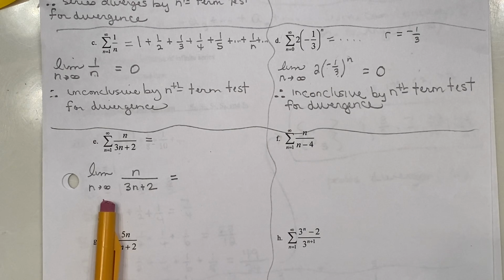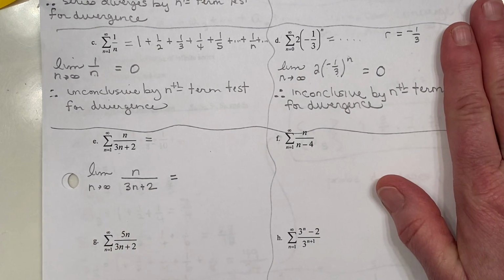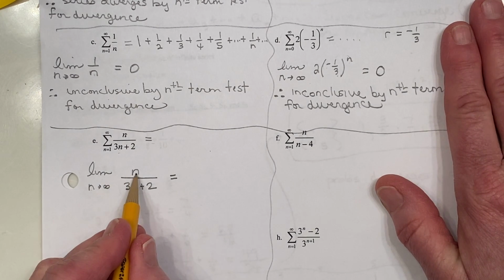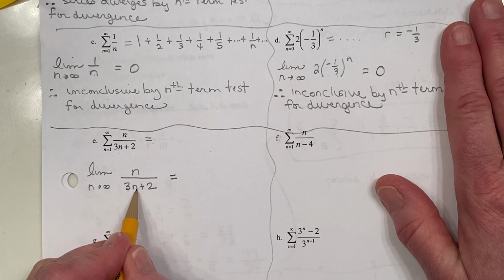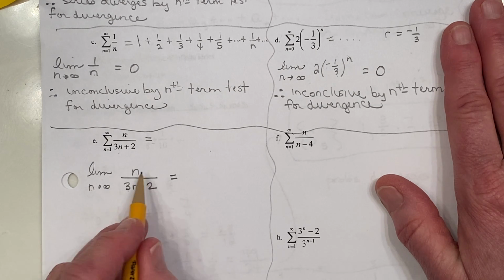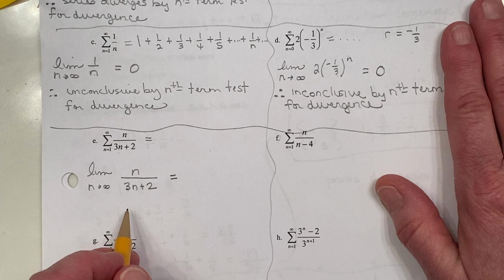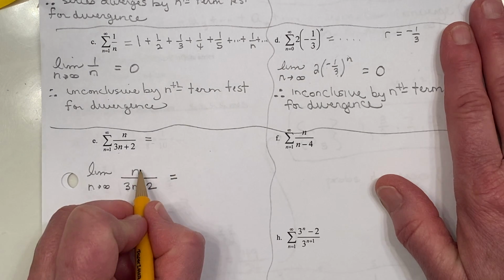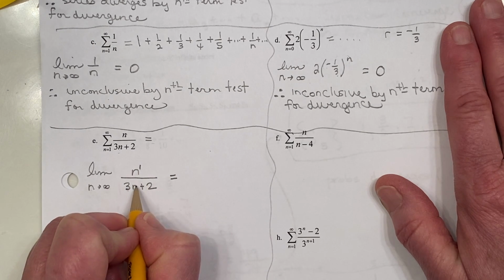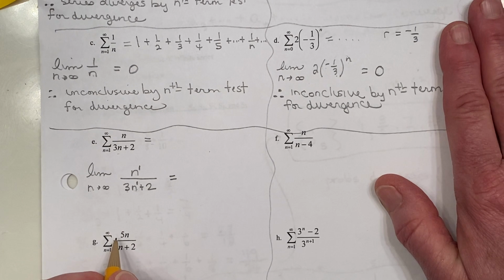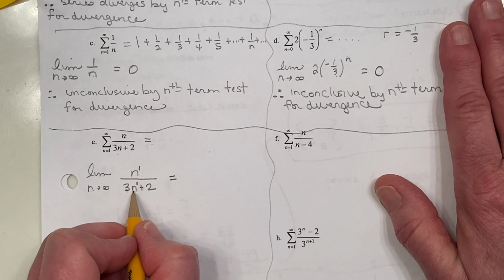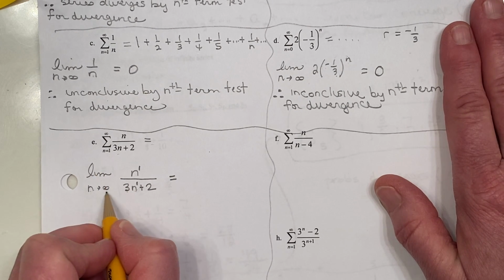All right, I'm going to take us back to algebra and end behavior. What if I changed n to x, and this n to x, and this n to x right here? This is end behavior where we compare the degrees of the exponents. So think of these being x's instead of n's. Think of these exponents being understood to be 1. So what's the limit as n goes to infinity?